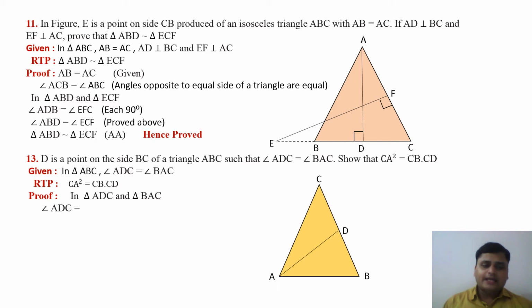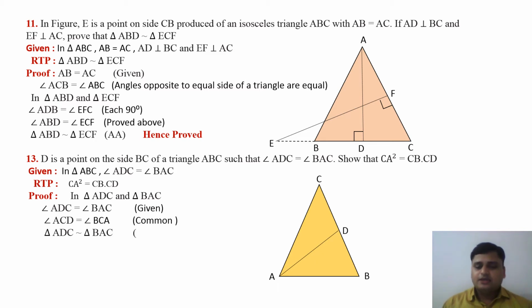First of all, angle ADC is equal to angle BAC, that is given. And then we have angle ACD is equal to angle BCA. This is common for both the triangles. So angle C is common for both the triangles. So triangle ADC is similar to triangle BAC by angle similarity.